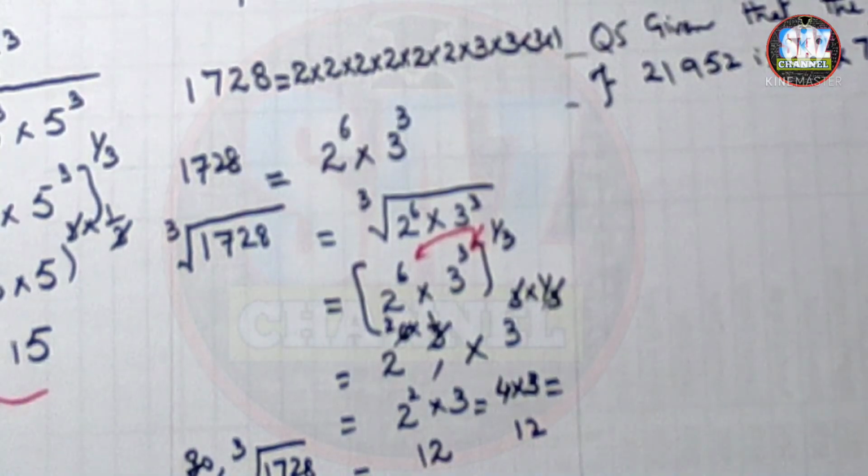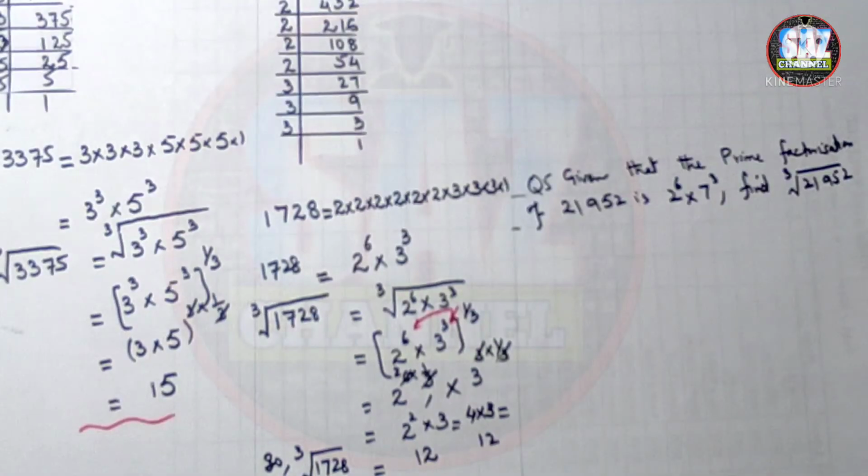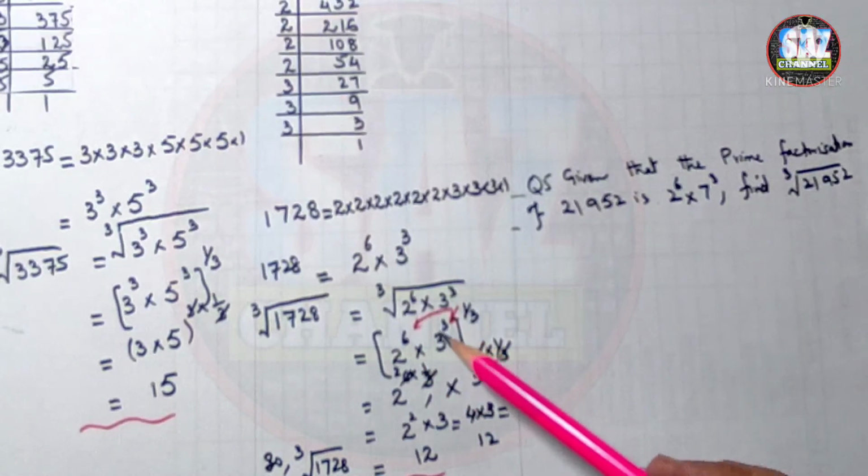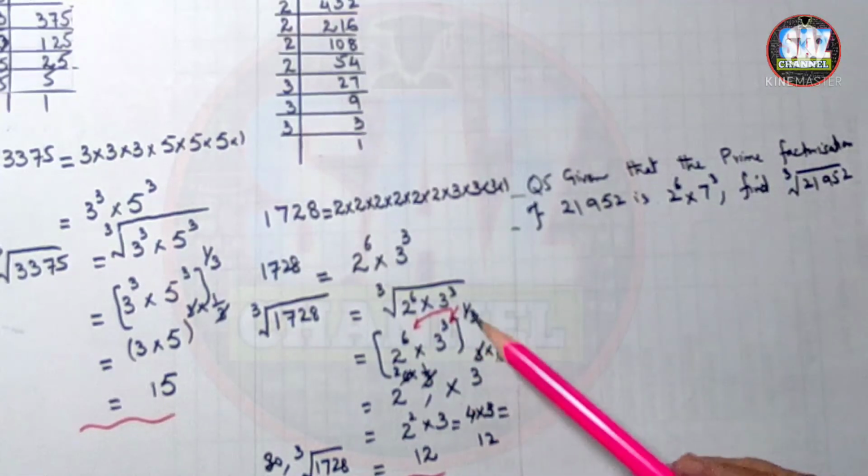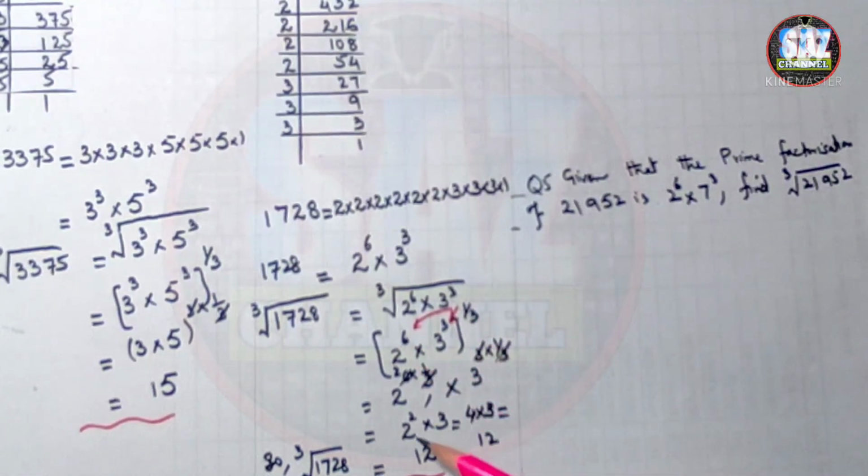Again, students, you can observe carefully that if the number is a perfect cube, the index of each prime factor must be either 3 or a multiple of 3, so that we can easily simplify them and take that number out of the square root or cube root symbol without a calculator.